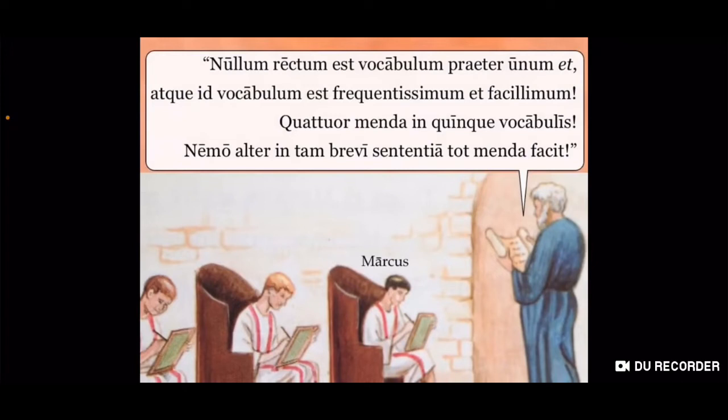No word, you got no word right except one, et. Atque et vocabulum est frequentissimum et facillimum. And it is the most frequent and easy word. It. That's the only word you get right.